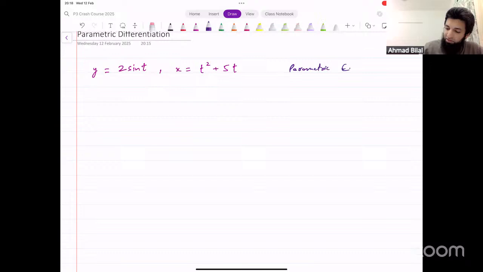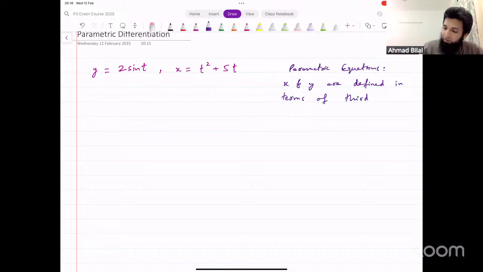These are equations in which x and y are defined in terms of a third variable. And this third variable, we also call this parameter.